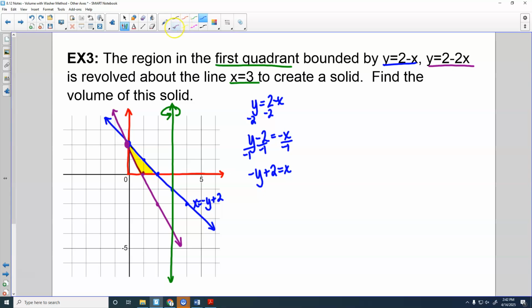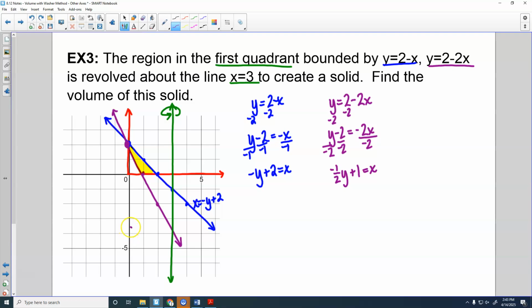And then I want to do the same thing with my y equals 2 minus 2x. I'd have to subtract that 2. Y minus 2 equals negative 2x. Divide by negative 2. So you're going to get negative 1/2 y plus 1 equals your x.